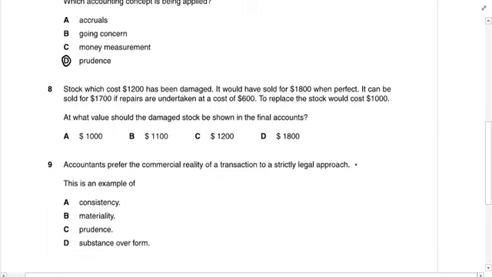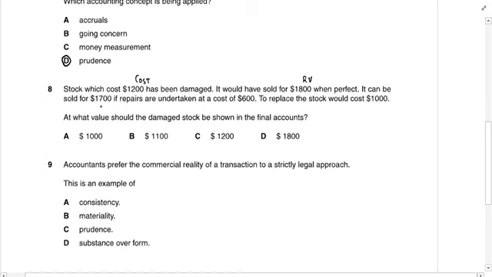Then stock which cost 1,200 has been damaged. It would have sold for 1,800 when perfect, right? So this is the cost, and this is the normal selling price, which we call the realizable value. But remember, it's damaged. It means we can no longer sell it at 1,800. So it can be sold for 1,700.